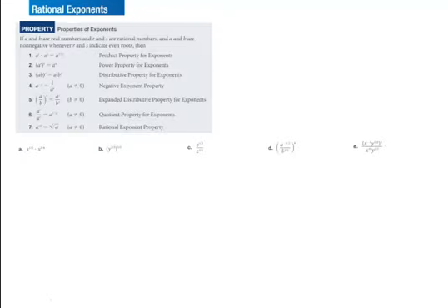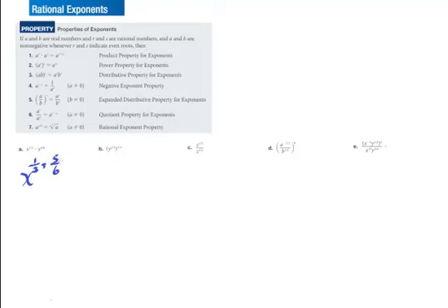All right, I put these properties up here, and we're going to use those properties to solve these problems, plus that we've done. In the A, I'm multiplying, so I'm going to use property 1, where when I'm multiplying and I have the same base, I can add those exponents. So this is going to be x to the 1/3 plus 5/6.